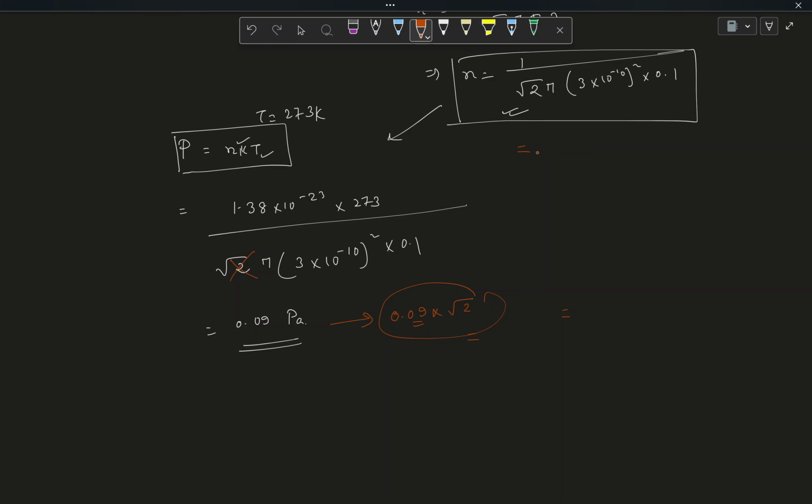This is 2.5 into 10 to the power of 19 if you consider the root 2 factor. Without the root 2 factor, n is 3.5 into 10 to the power of 19, when you take the expression as lambda equal to 1 by pi sigma squared n. To match the answer with the question options, we use this rough estimate.